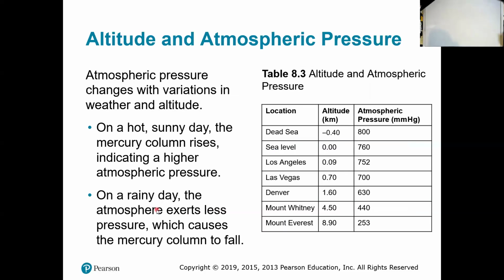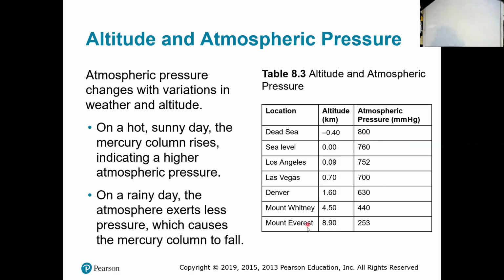These are just some of the other locations with different altitudes listed and their corresponding pressures. So you see somewhere like the Dead Sea, which has an altitude below sea level, has an even higher atmospheric pressure.